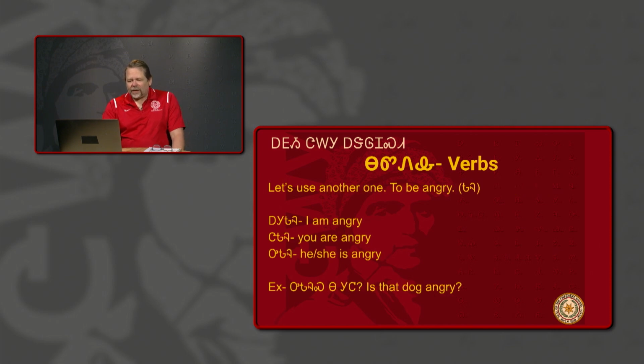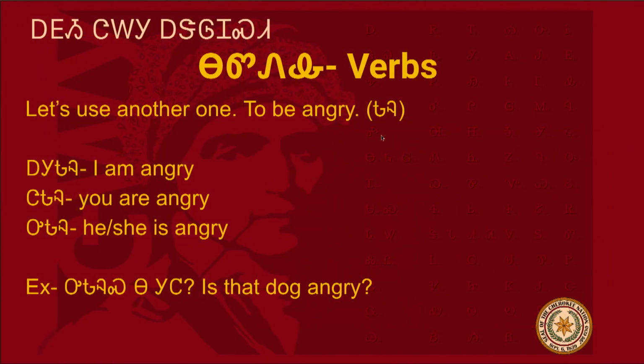So let's take another one. To be angry, okay? The word to be angry is nala. So you can tell I'm breathing through my nose as I say na, right? Nala is to be angry. So if you want to say I am angry, again, we take the prefix for I, which is agi, and we add it to nala, agi nala.